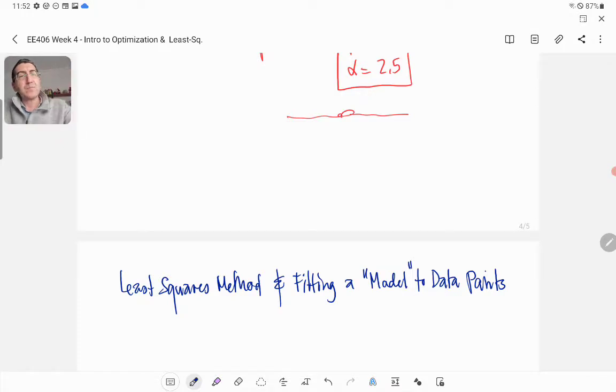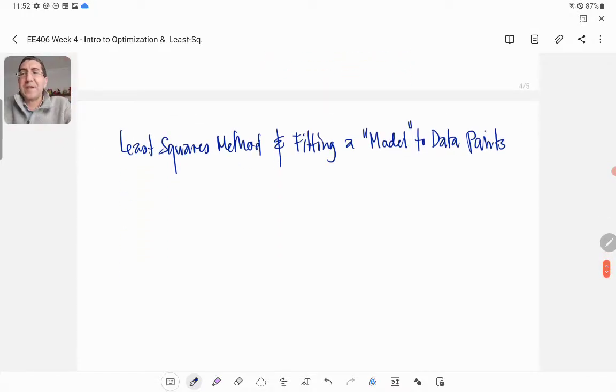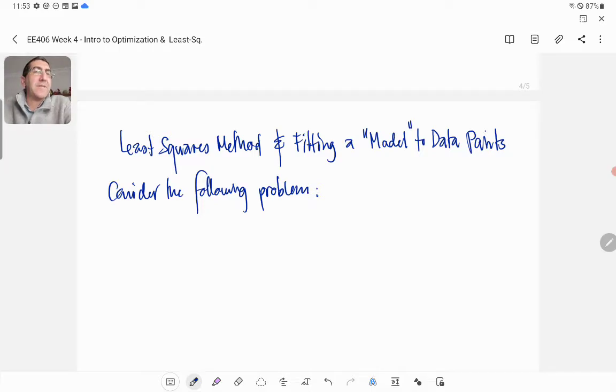Okay. So consider the following problem, right? Where the model that we are talking about is basically a function, and data is actually a number of points in that functional space.